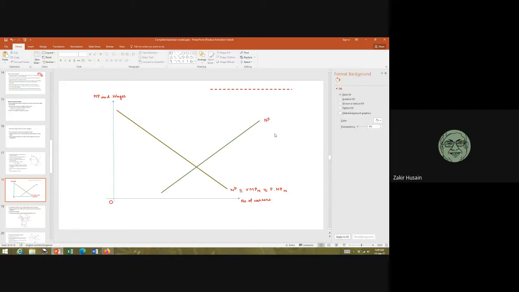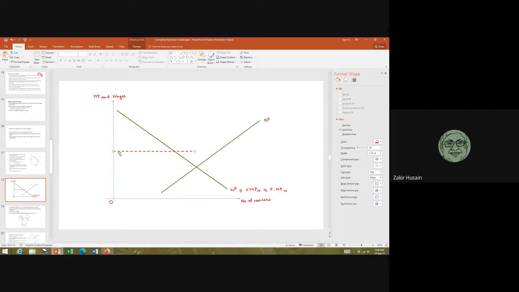Now let us come to the Keynesian case. You have a fixed money wage, which is given by this level. So given the fixed money wage, the people are willing to work up till this much. But will they get work?